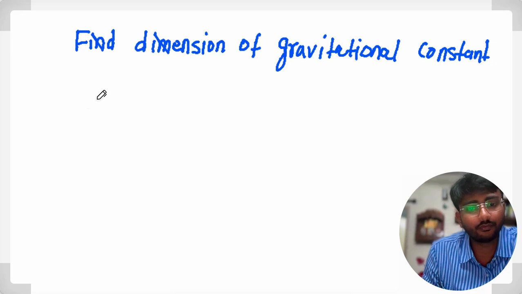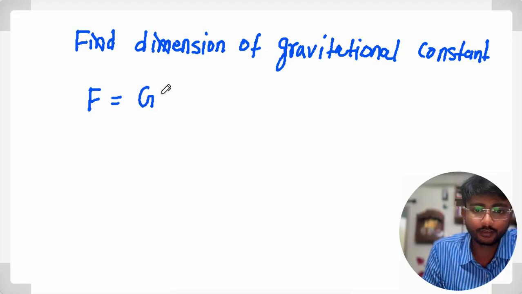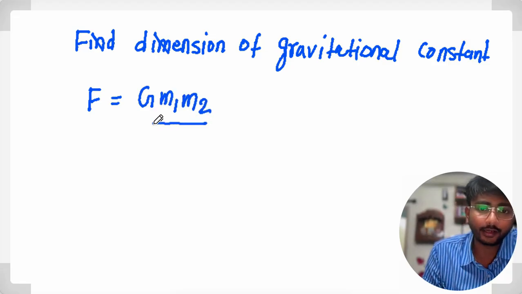So what is the gravitational constant? For that you need to understand F equal to G m1 m2 upon r square.